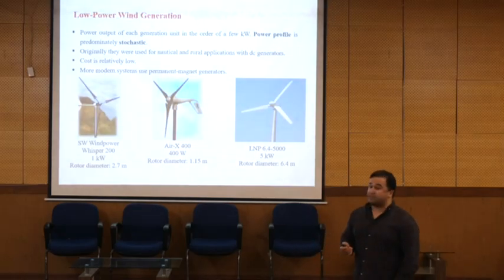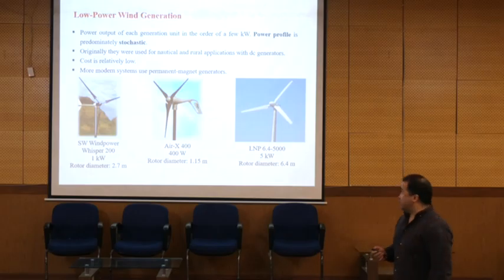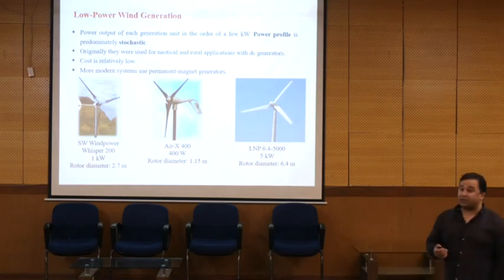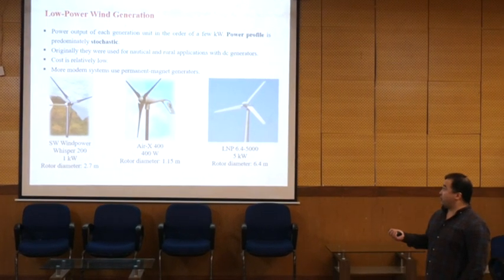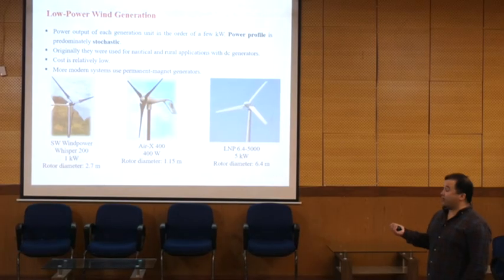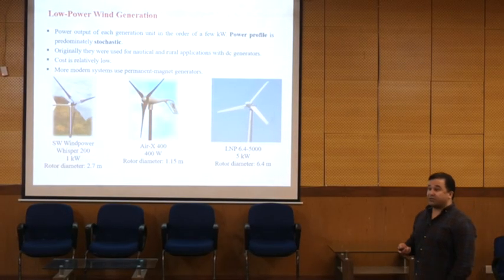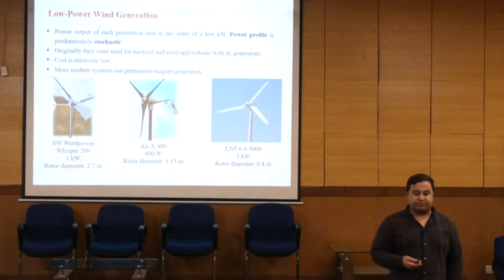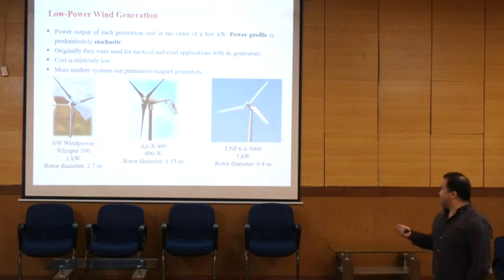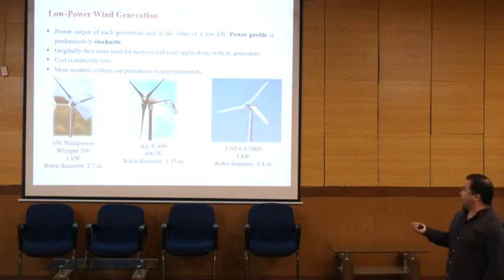So this is just a sample of smaller scale generation from wind. It can be even 400 watts up to 5 kilowatts, and can be used for a residential building. So it is not that complicated, but the problem probably is the diameter of the system.